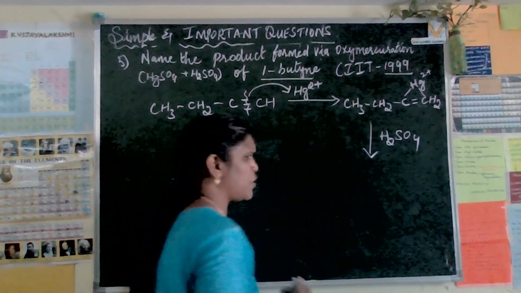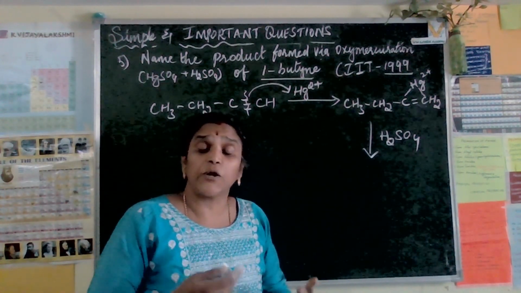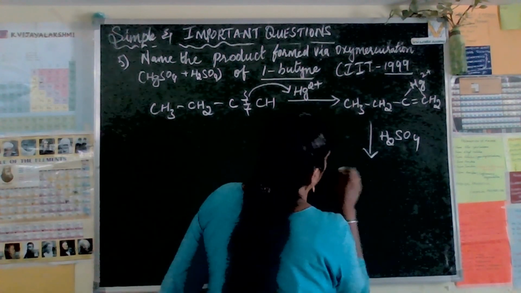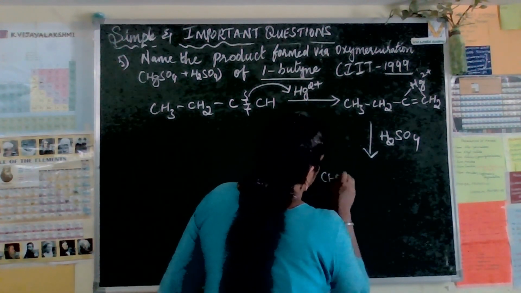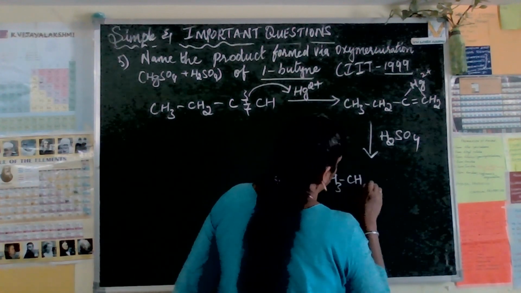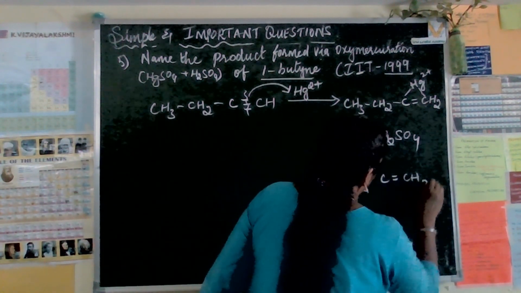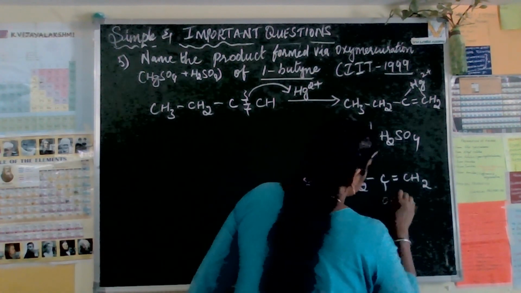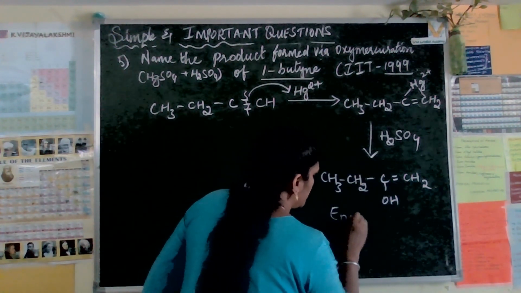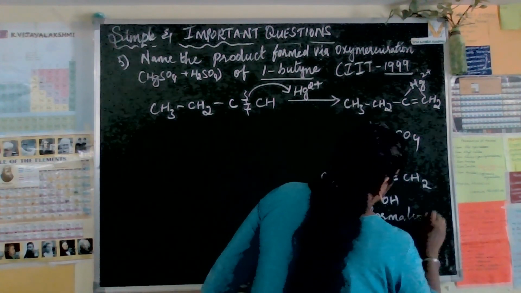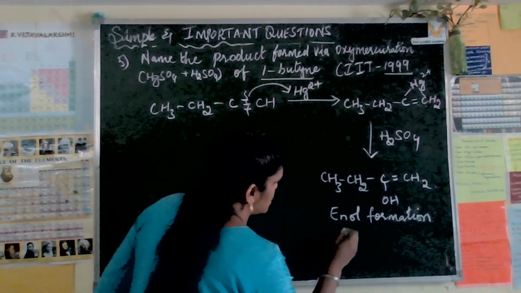So what is the formation you are getting? You are getting keto-enol formation under tautomerism. What is the product you are getting here? It is CH3, CH2, C double bond CH2, here OH. This is enol formation. So what is the name of this compound?